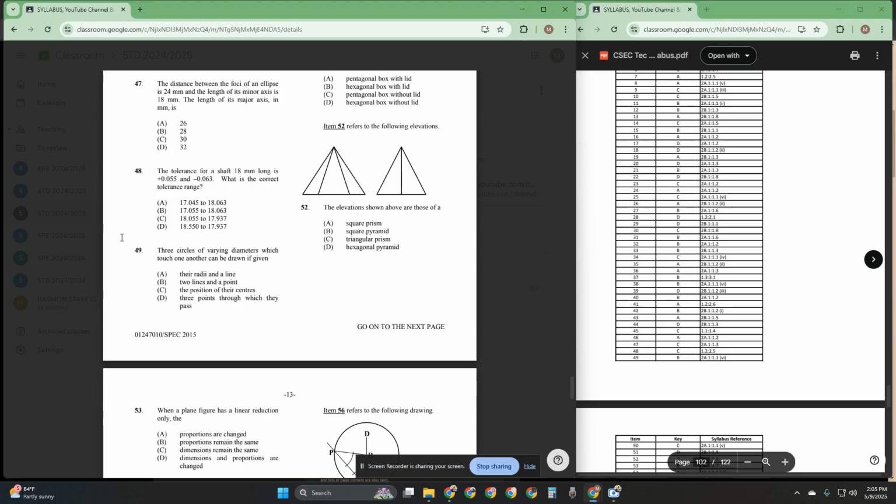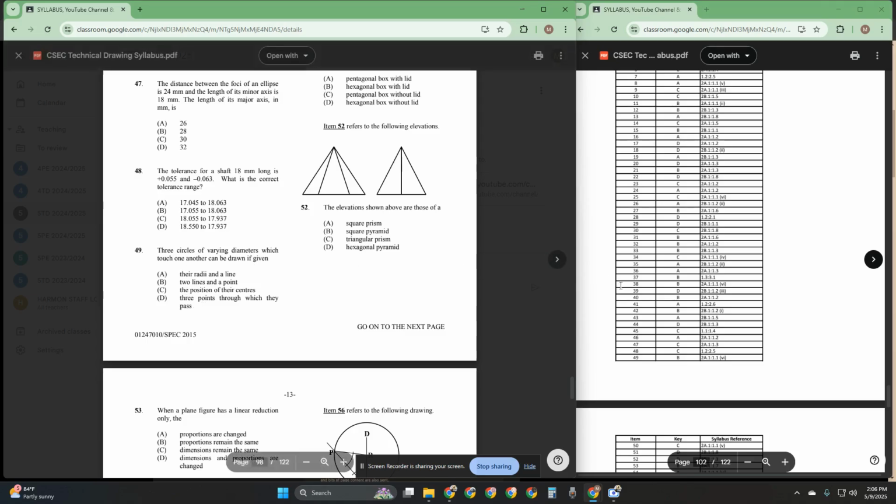49. 3 circles of varying diameters which touch one another can be drawn if given their radii and a line, 2 circles and a point, the position of their centers, or 3 points through which they pass.